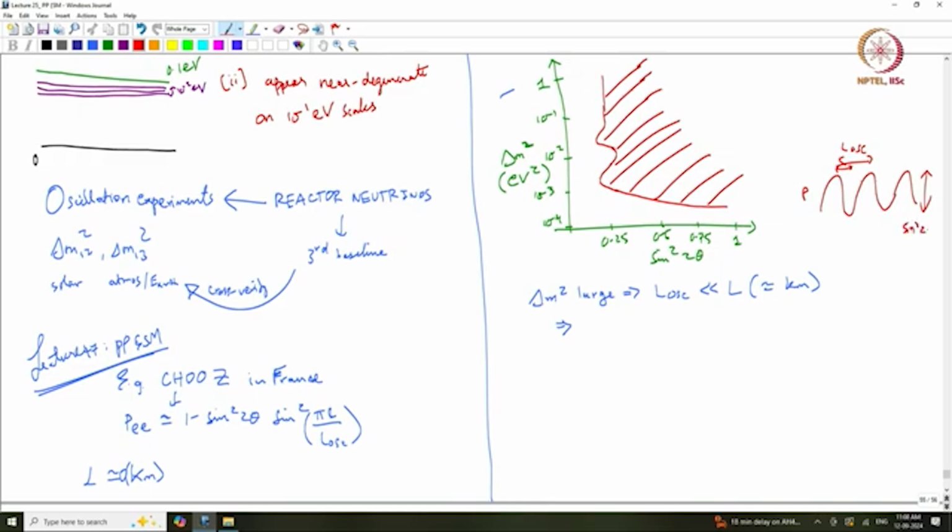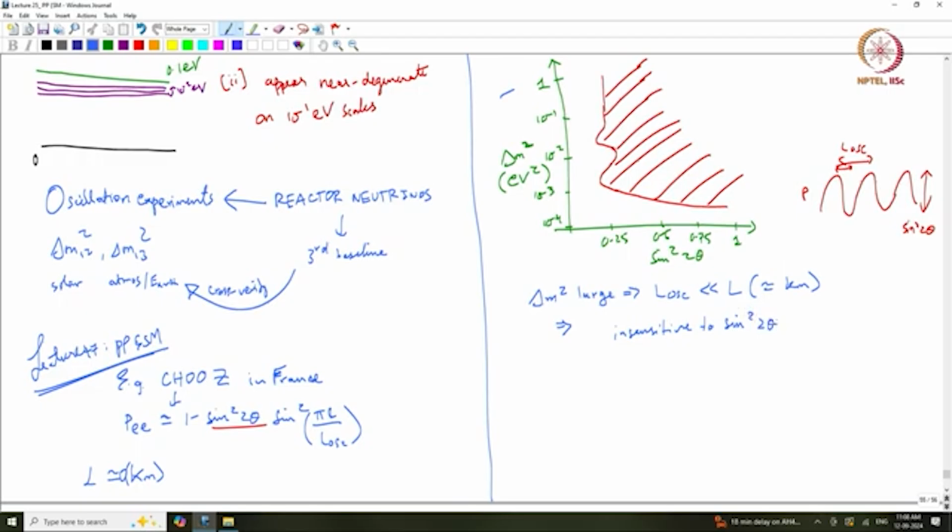Sin square 2 theta. Remember all this from 2 or 3 lectures ago? Go back to the expression for the probability. So the amplitude is sin square 2 theta, so that would make you insensitive to the amplitude sin square 2 theta.